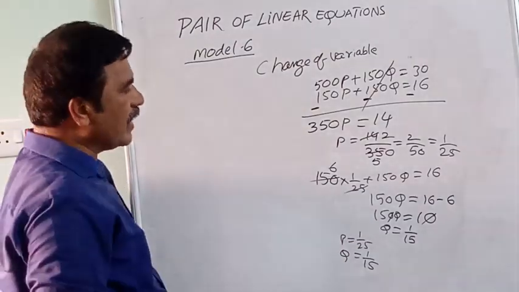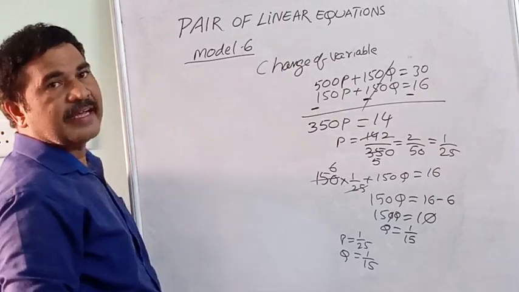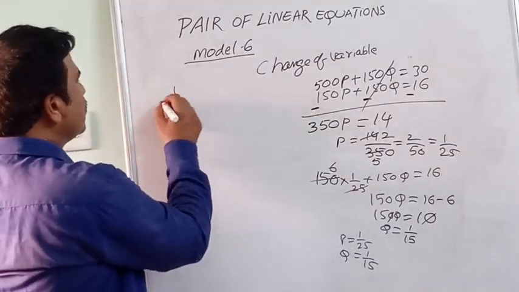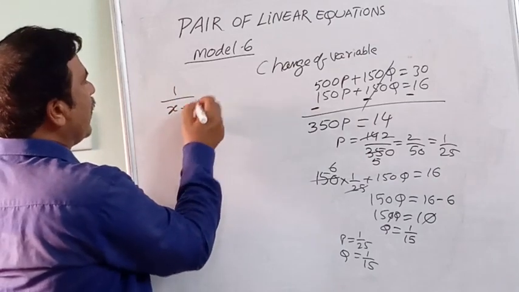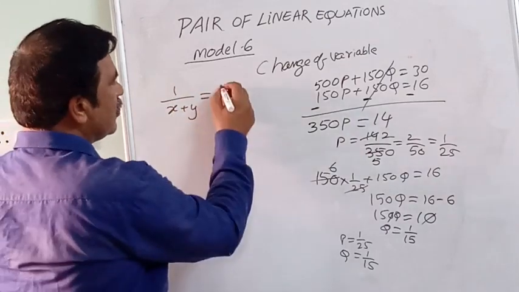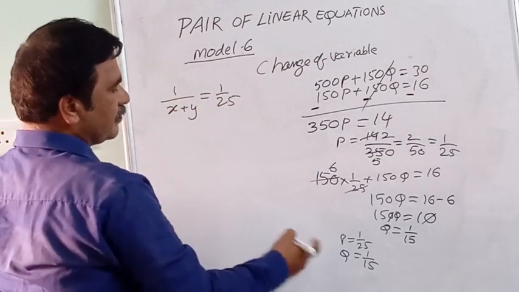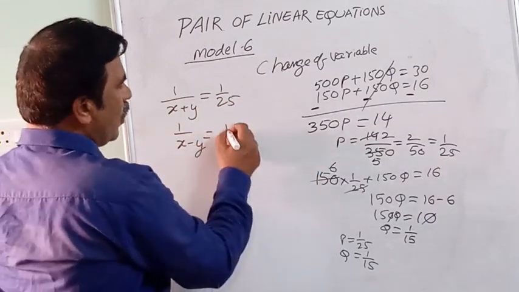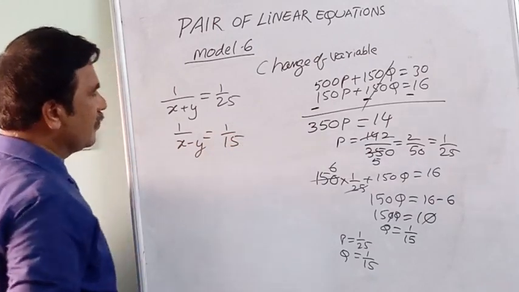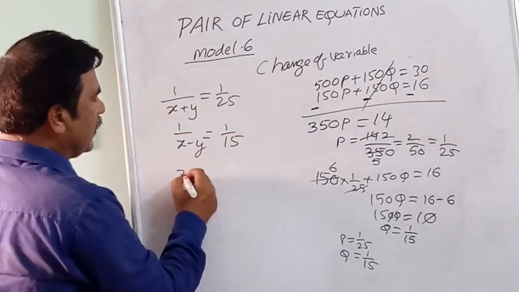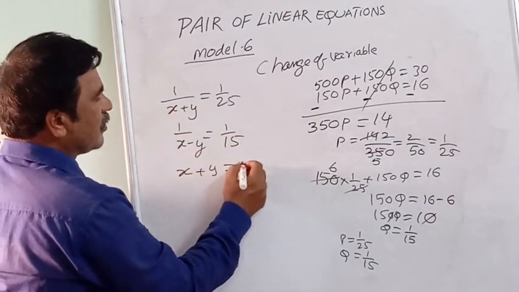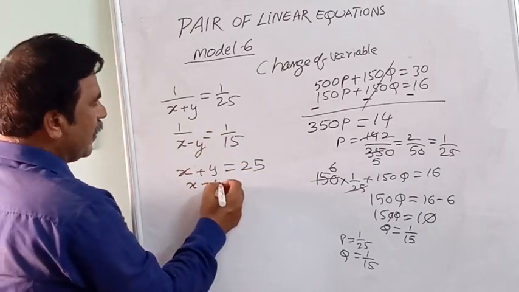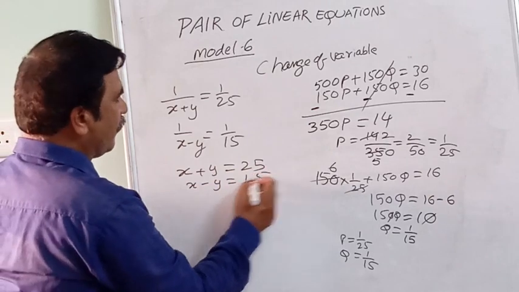Now we need x and y. Substitute in the equations. 1 by x plus y is equal to how much? 1 by 25. 1 by x minus y is equal to 1 by 15. Now cross multiply this: x plus y is equal to 25 we will get. Cross multiply this: x minus y is equal to 15.